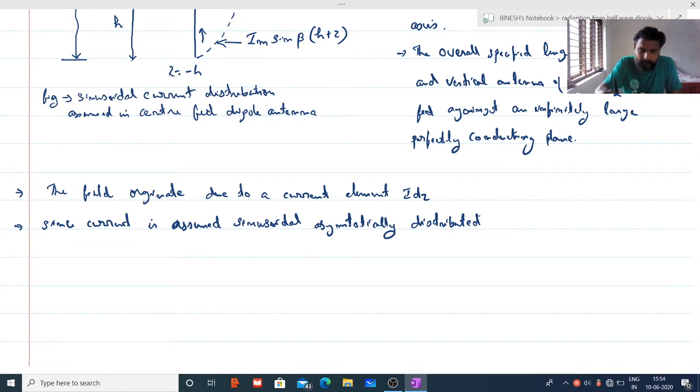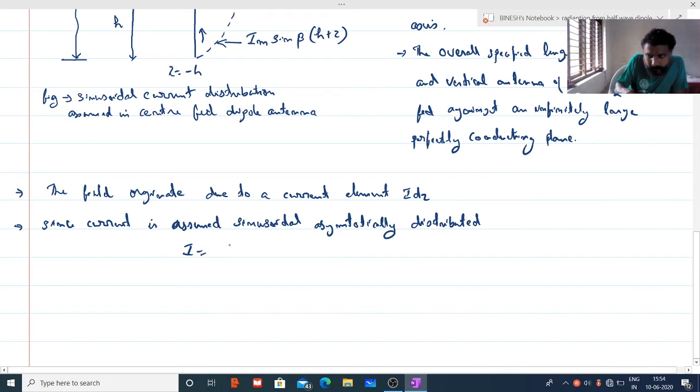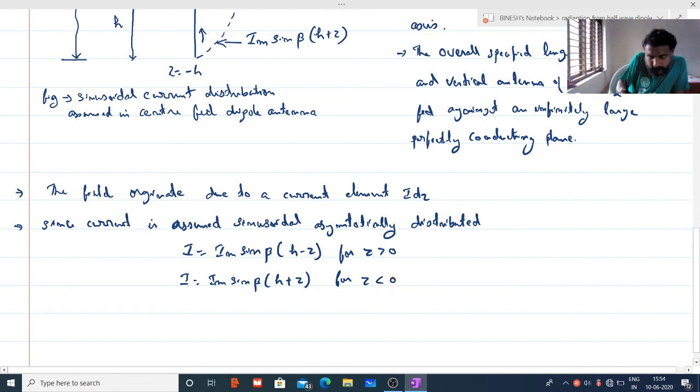In the last class we discussed the equation for the current I. It is given by I equals Im sin beta (h minus z) for z greater than 0, and I equals Im sin beta (h plus z) for z less than 0.